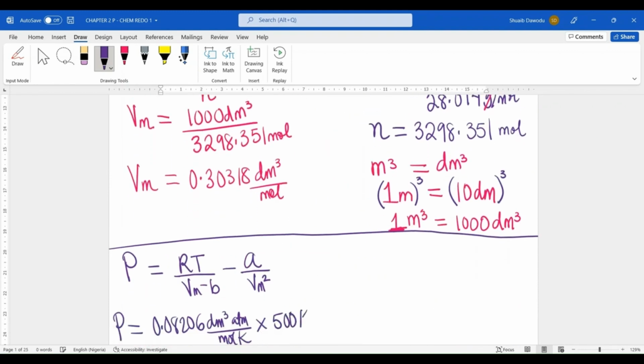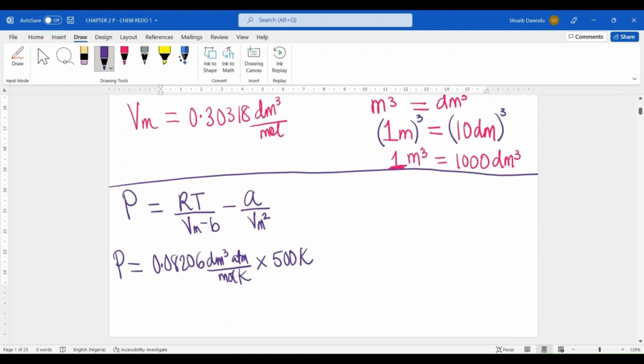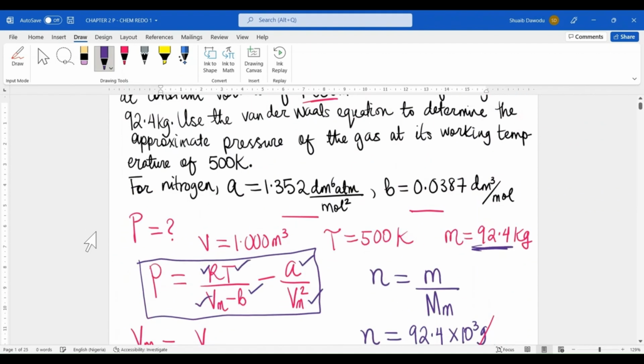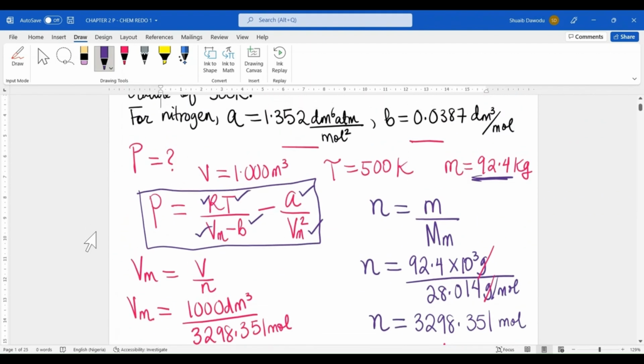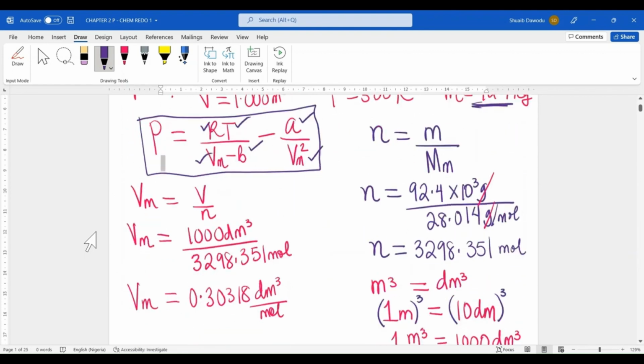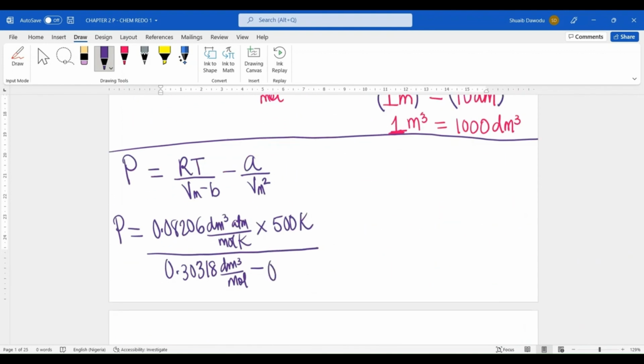So 500 Kelvin divided by the molar volume, which we know to be 0.30318 decimeter cube per mole, minus B. And of course, B is simply 0.0387 decimeter cube per mole.